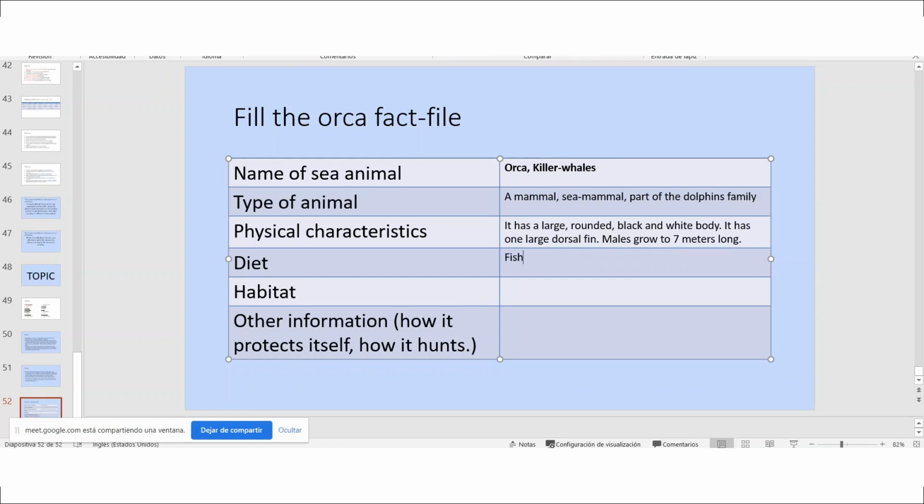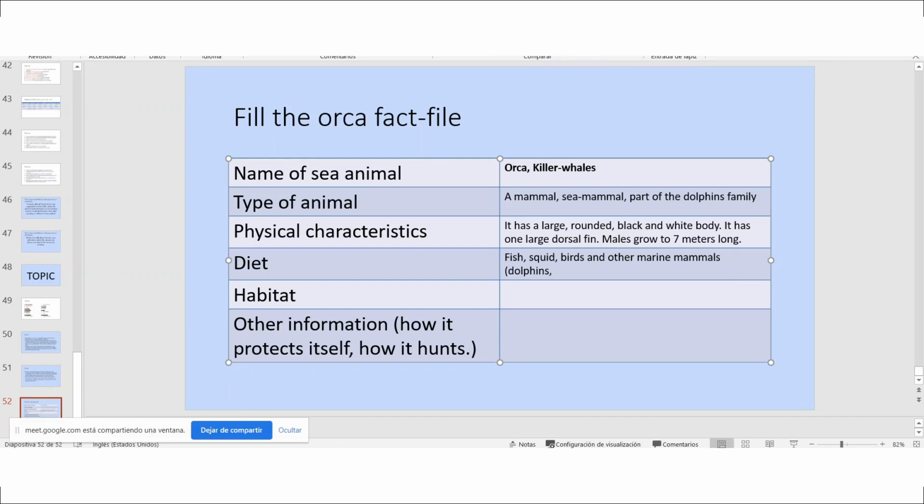Fish, squid, birds, and other marine mammals. Okay, other marine mammals. What do you think they refer to when they say other marine mammals? Can you picture another marine mammal? Dolphins. Okay, marine mammals like dolphins.